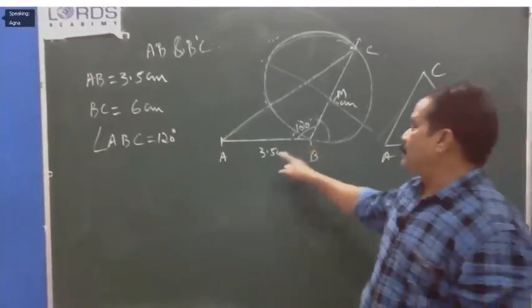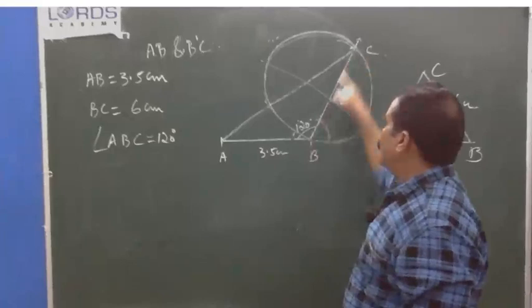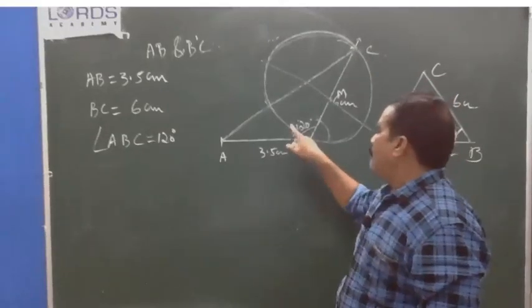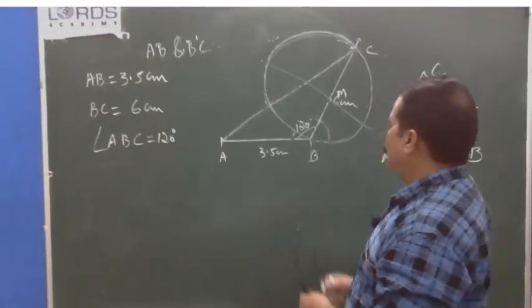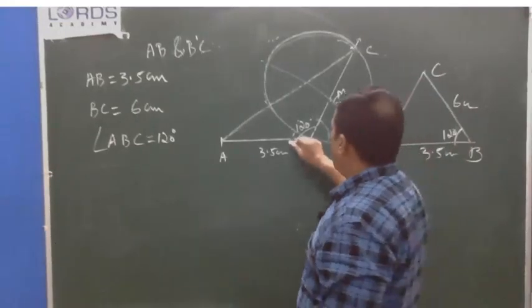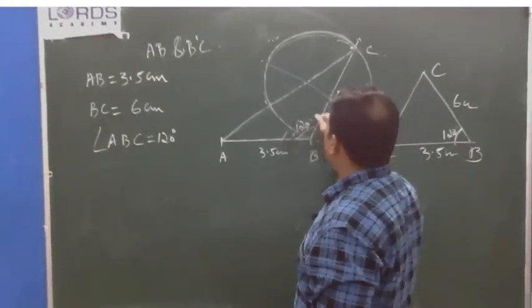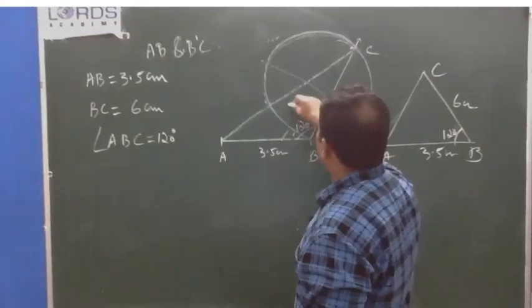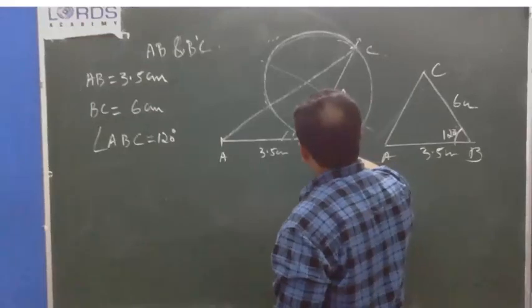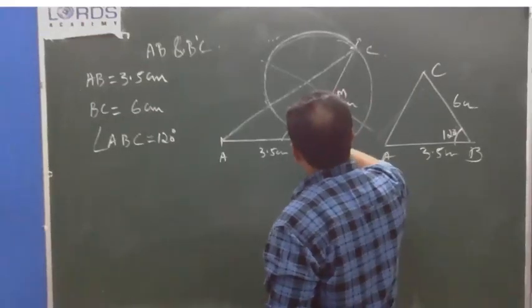That is angle B, yes, angle ABC. You draw the bisector of angle ABC. That is the meaning of that. So you can draw the angle bisector here. With a convenient radius, you cut the arc and again you cut, you will get it like that.